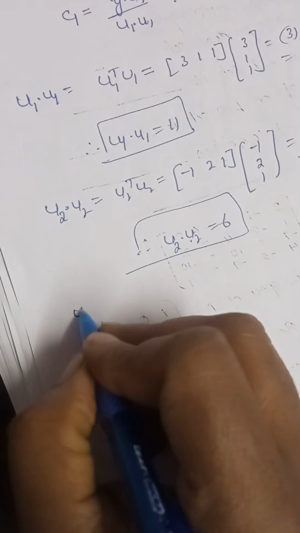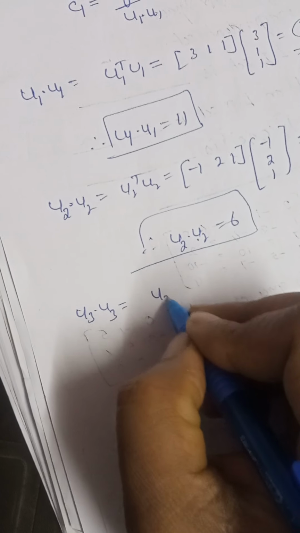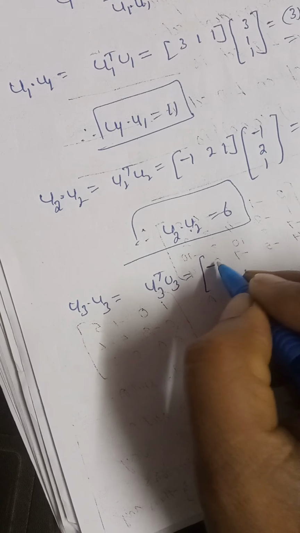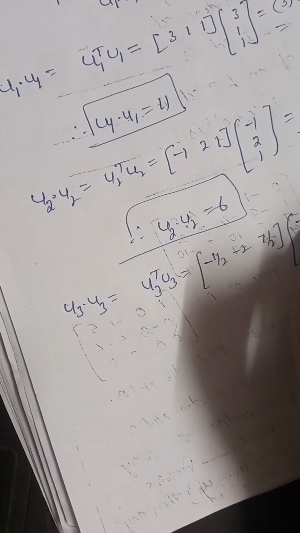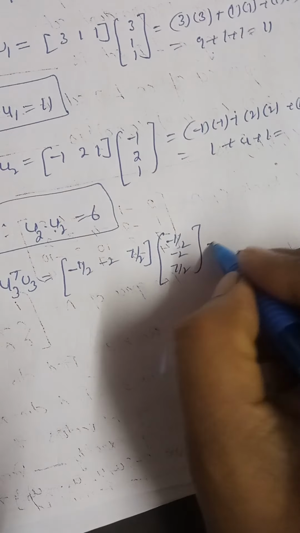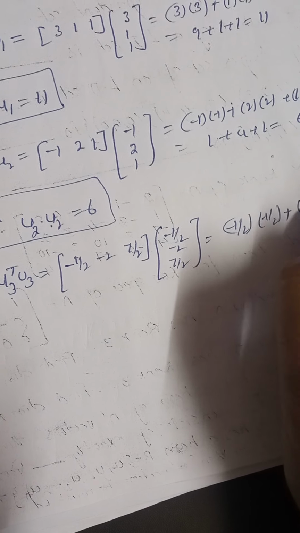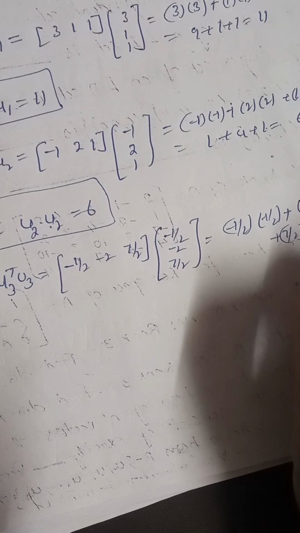Next we need to find u3·u3, right? u3 transpose u3 is (-1/2, -2, 7/2) times (-1/2, -2, 7/2). The product is equal to -1/2 into -1/2 plus -2 into -2 plus 7/2 into 7/2.